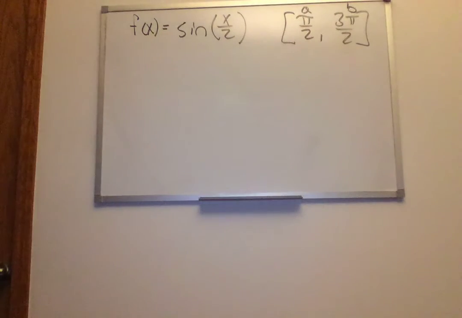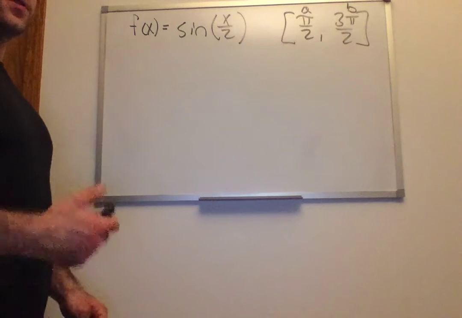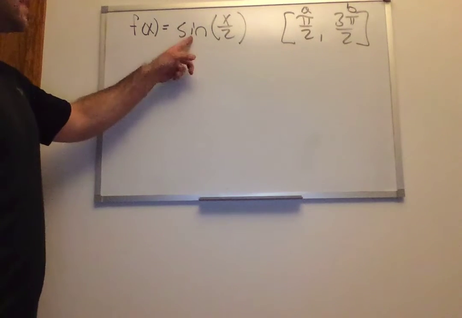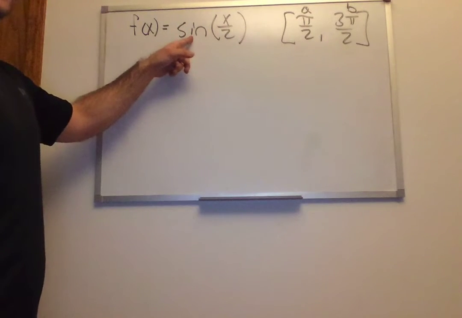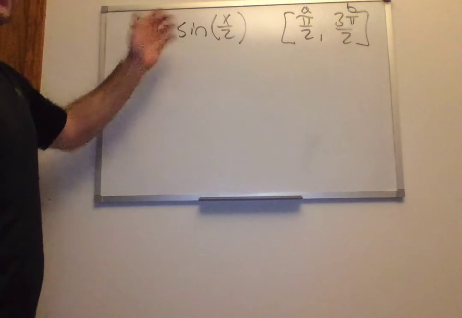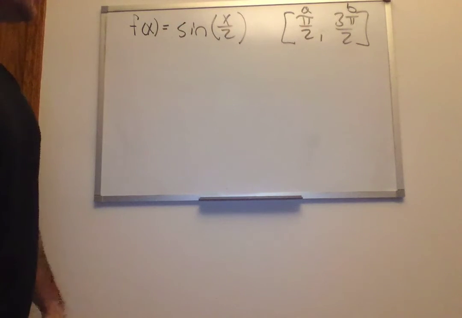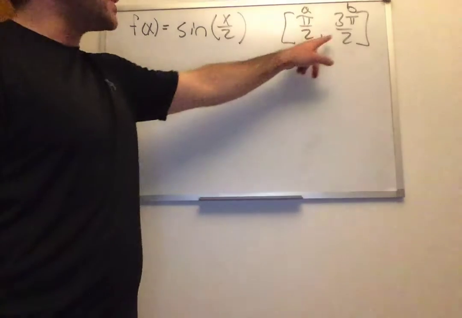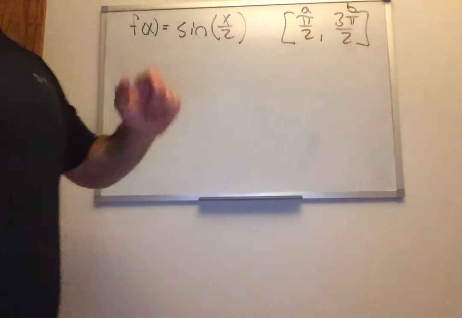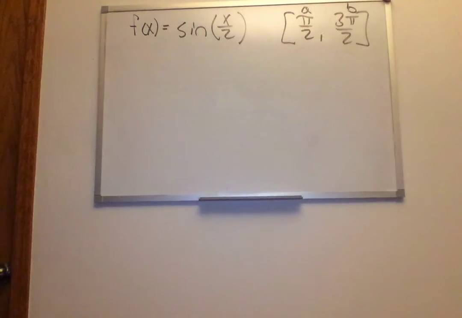If you think back to chapter 2, we talked about continuous functions. Sine is continuous on its entire domain, negative infinity to positive infinity. So of course it should be continuous on any closed interval within that domain.